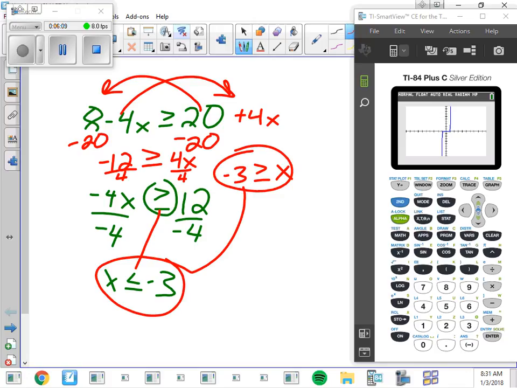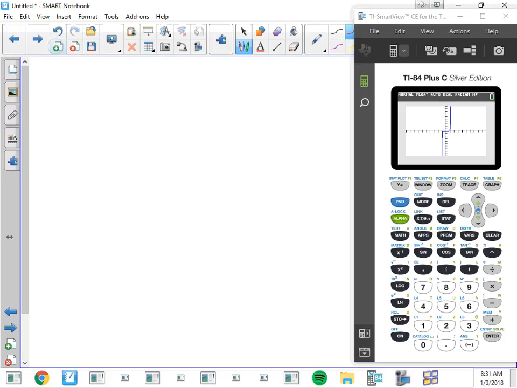Here's the explanation that I do like. Let's say I had 3 minus 2x is greater than 5. Okay, let's consider this as a balance.